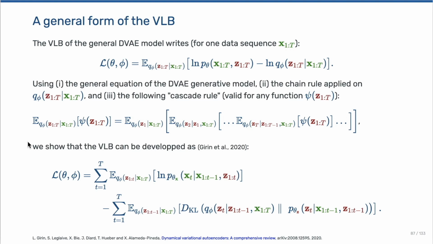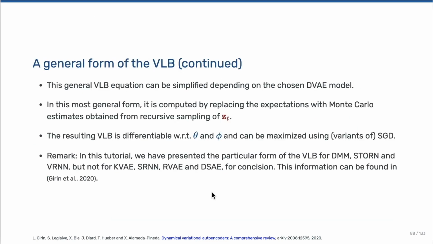And then we show that the VLB of the most general DVAE model can be expressed in this developed form, with a summation over the time frames of two terms that correspond to a reconstruction error over the observed data and a regularization error over the latent vectors, which ensures some kind of consistency between the generation and inference processes. Of course, this general VLB equation can be simplified depending on the chosen DVAE model.